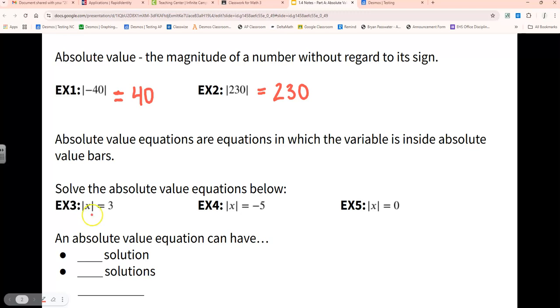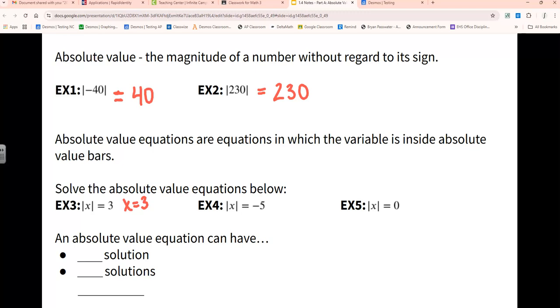What is one of the numbers that x could be right there? The absolute value of this number has to give us 3. So x could equal 3.